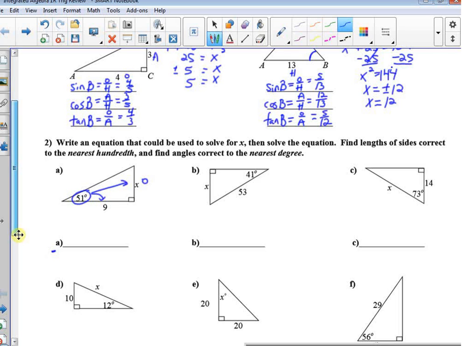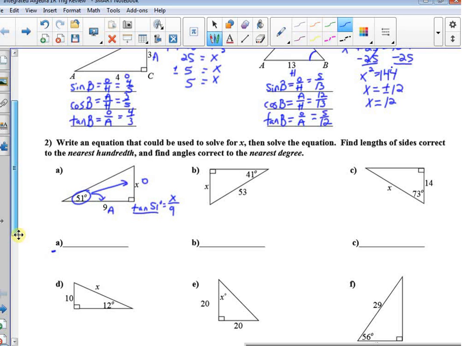Is that an opposite, an adjacent, or a hypotenuse? That is an adjacent. And then you should remember tan is equal to opposite over adjacent when you're setting up. So we should say then that the tan of 51 is equal to the opposite over the adjacent, which is x over 9. And so there's my equation that I could use to solve for x.